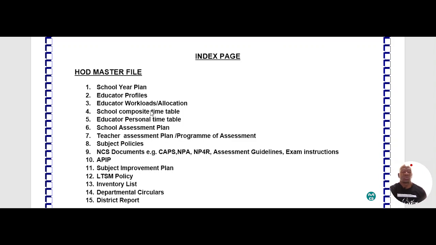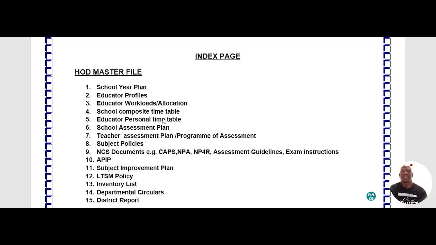All right, so moving right along, the next one is the one that speaks to educator personal timetables, okay? So in this one, as it indicates, we expect that all the teachers that the HOD is heading, he or she is going to have their timetables in terms of where they are going to be found teaching at different times in those classes and in those subjects.